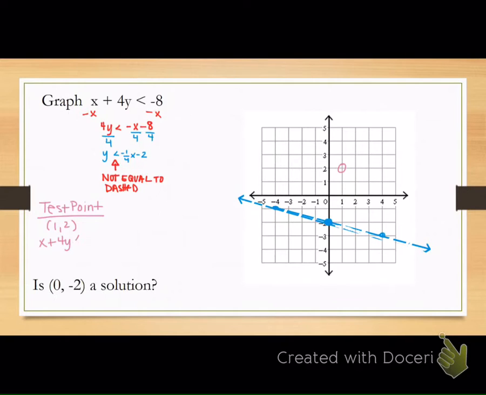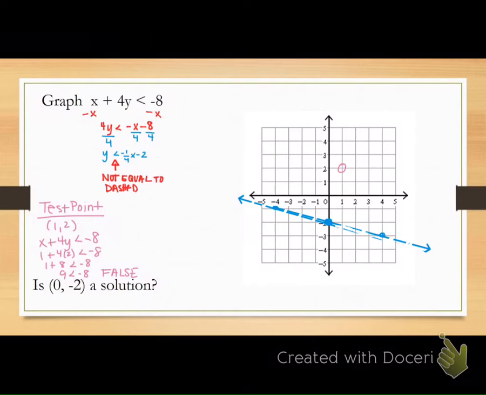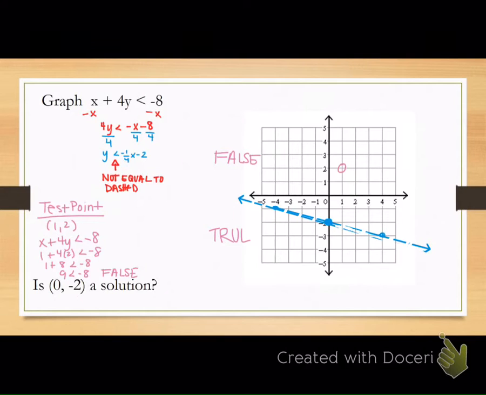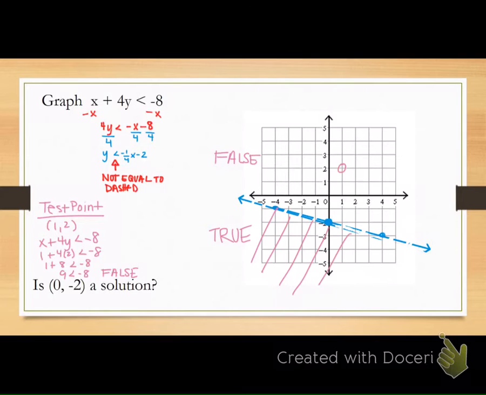I always go back to my original. Is 9 less than negative 8? No, so this is false. So that means right here is false, and down here is true. What side do we want to shade on? True, so we shade the side that has the true.